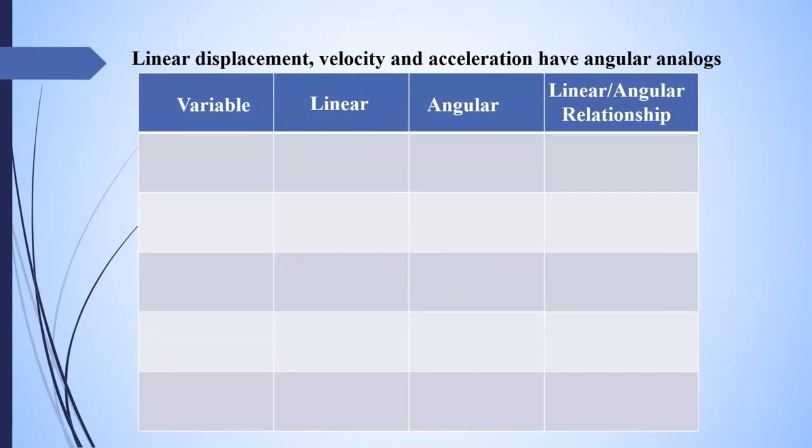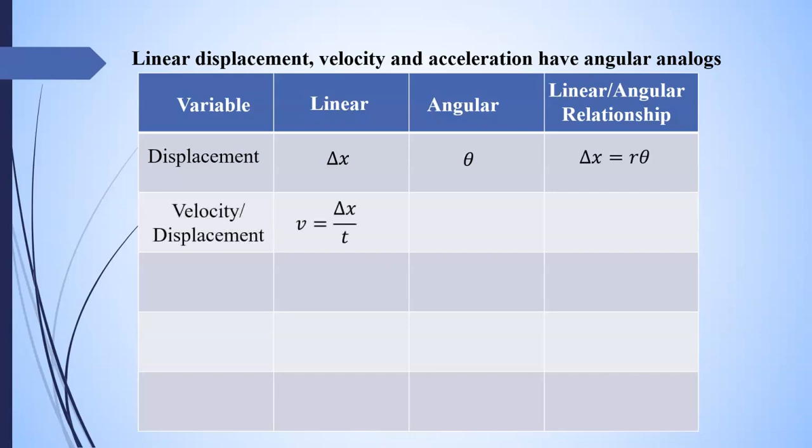So here's a table that gives you an overview of these relationships. For displacement, linear is delta x. Angular, we're talking about theta, how many radians around a circle that the wheel turns. And the relationship is delta x equals the radius times theta. The velocity in linear, what we've been dealing with all year, is delta x over t. And omega, the angular velocity, is equal to change in theta over t.